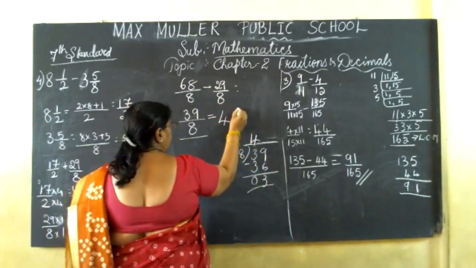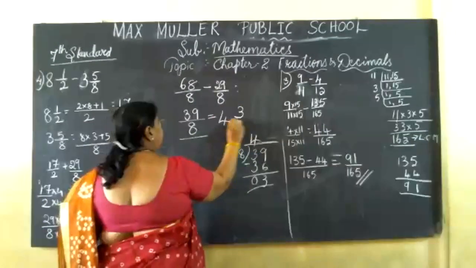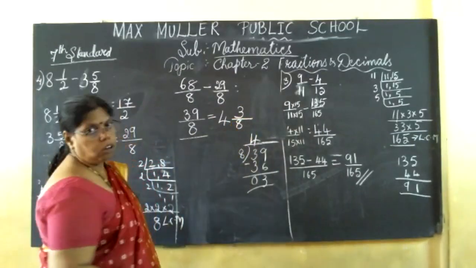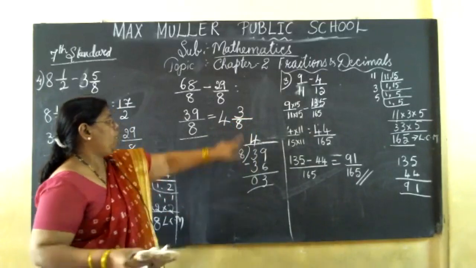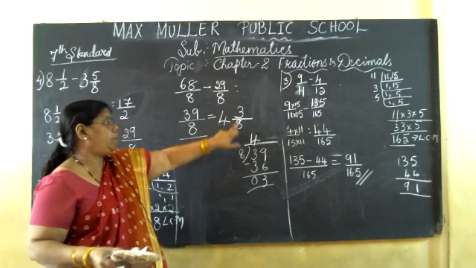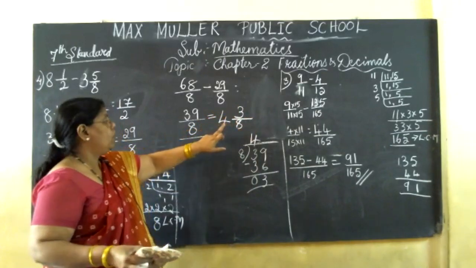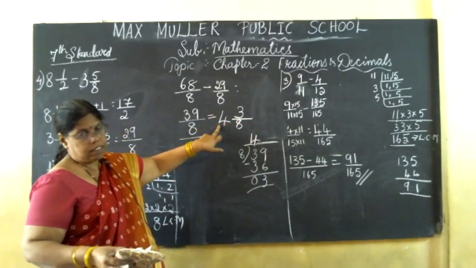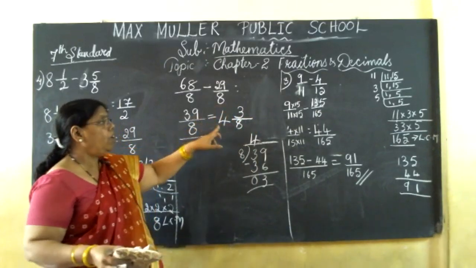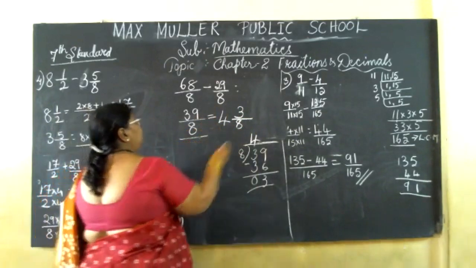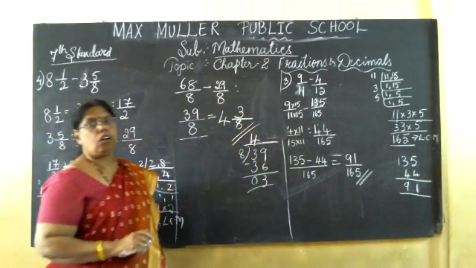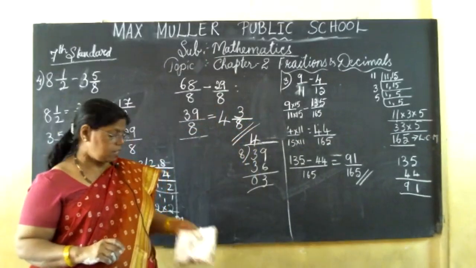The remainder will be in the numerator and 8 in the denominator. So 4, 3 by 8. See, 8 fours are 36. 36 plus 3, 39. So the answer is 4, 3 by 8. Got it? Did you understand, children?